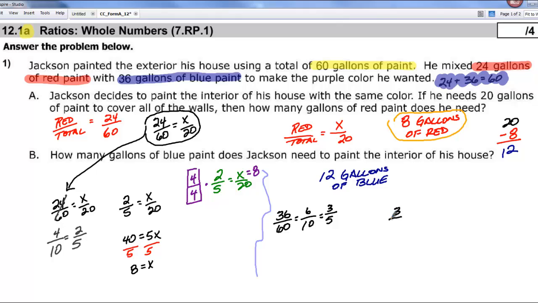So then we could take that 3 to 5, think of x to 20, cross multiply. 3 times 20 is 60, is equal to 5x. Once again, divide by the coefficient. 60 divided by 5 is 12, and 5x divided by 5 is the x. And we're back again to our 12.